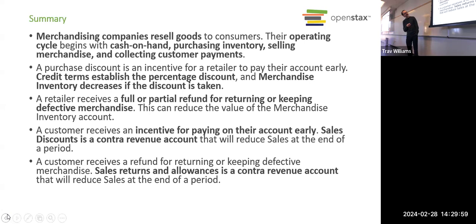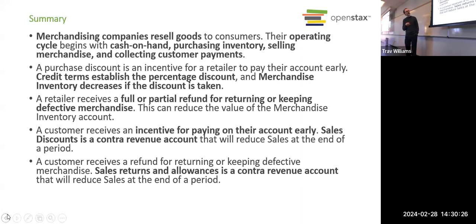And if the company that made the purchase gets a discount, whether it's a return, an allowance, or a discount because they paid early, and they're the buyer, and they're using perpetual inventory, it's a reduction to their merchandise inventory cost, right? That only applies for perpetual.